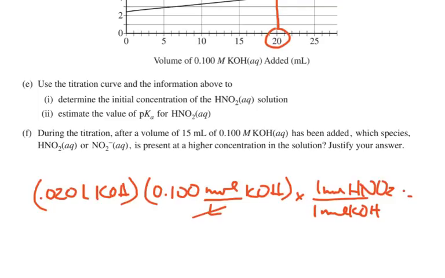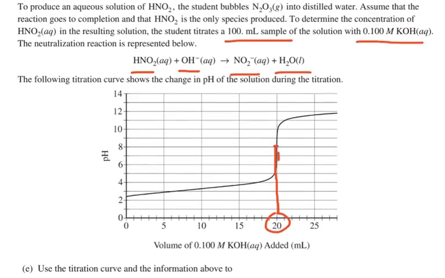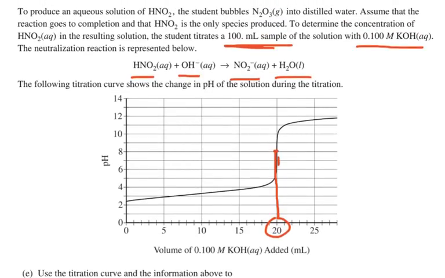So liters cancel out, moles of KOH cancel out, so we're going to have our HNO2, and so 0.02 times 0.1, then we can see that that's going to be 0.001, not 0.002, excuse me. And that's HNO2. Now, what are we talking about? We are talking about the solution, and the solution originally had 100 milliliters, so 0.1 liters.